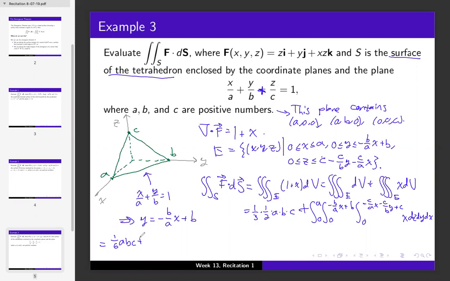But what we can say is this is going to become the integral from 0 to a, integral from 0 to b minus b over a x, of x times negative c over a x squared minus c over b x y plus c x, dy dx.